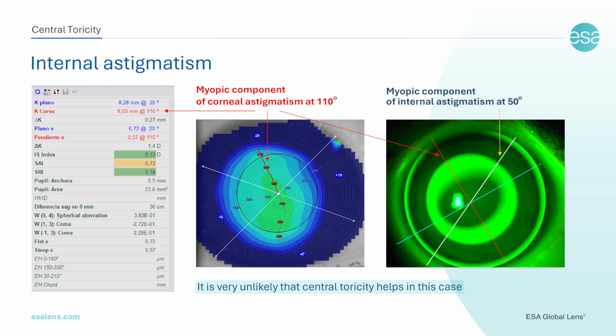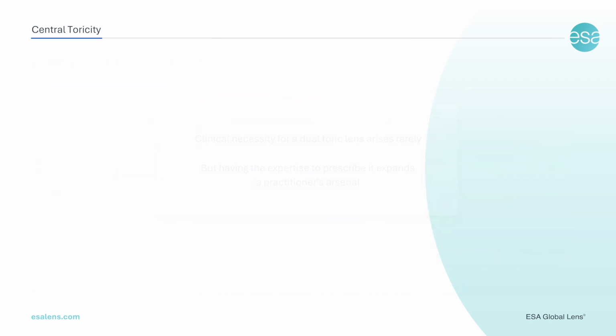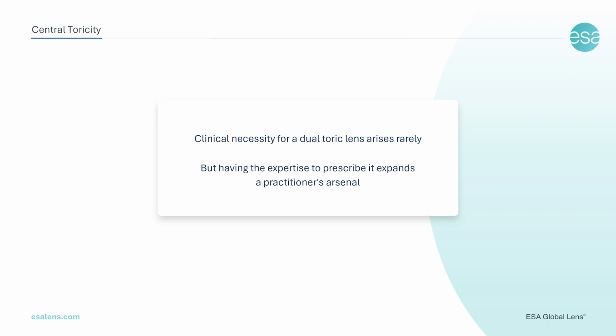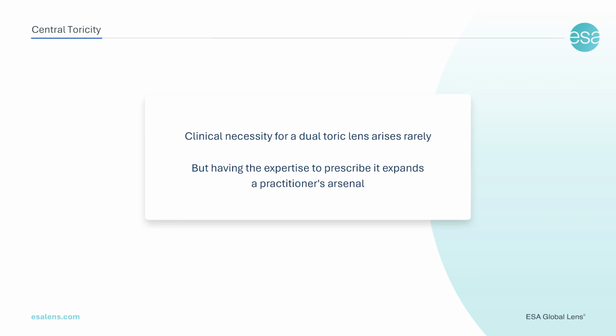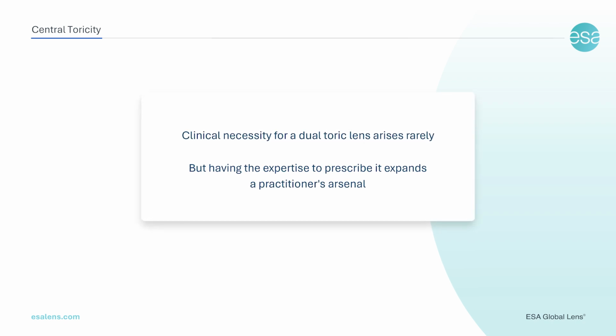Unfortunately, clinical experience shows that the axes of internal and corneal astigmatism rarely coincide. Consequently, while the clinical necessity for a dual toric lens arises only in specific rare cases, having the expertise to prescribe it significantly expands a practitioner's arsenal.